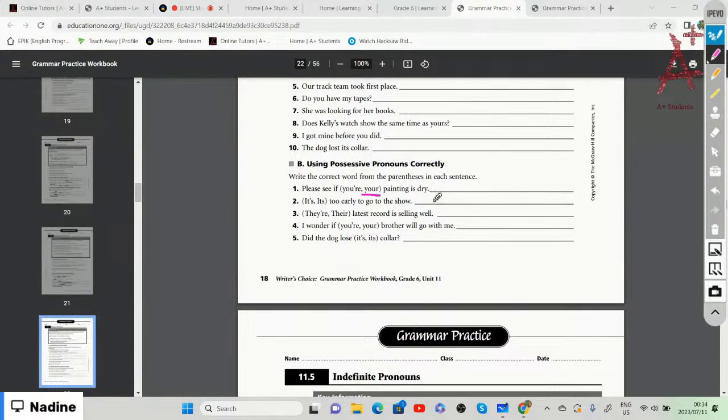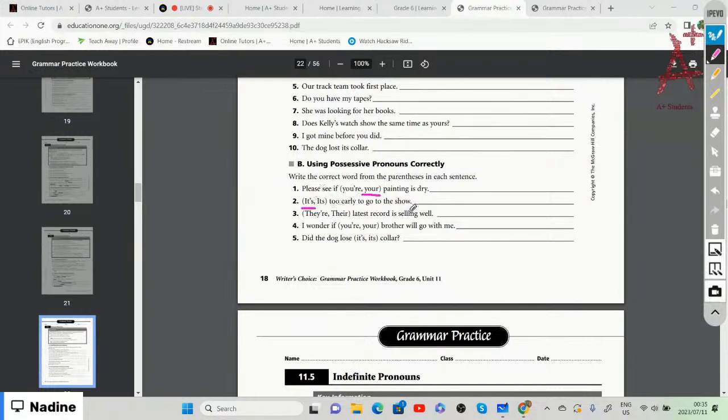Next: it's, with the apostrophe S, or its too early to go to the show. We need the correct pronoun. So it's with the apostrophe S, or its, too early to go to the show. All right, so we use the first one.